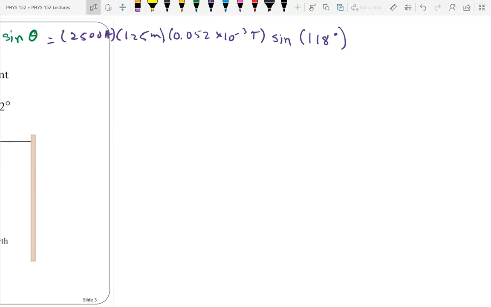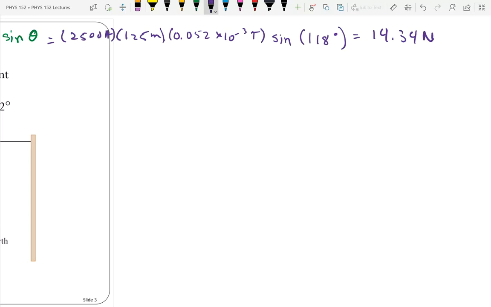And so just for grins, what is that number? Okay, 14.34 newtons.